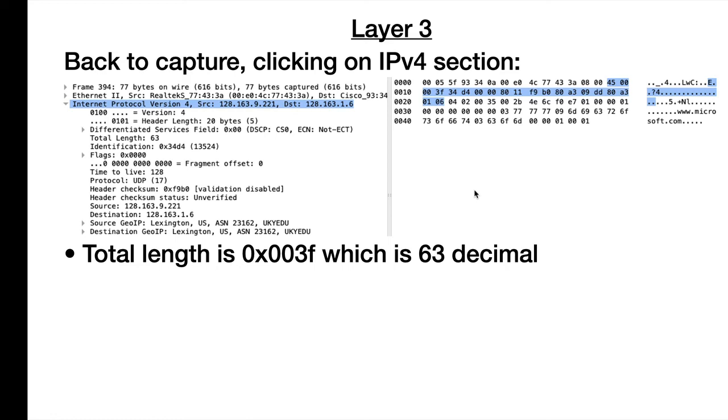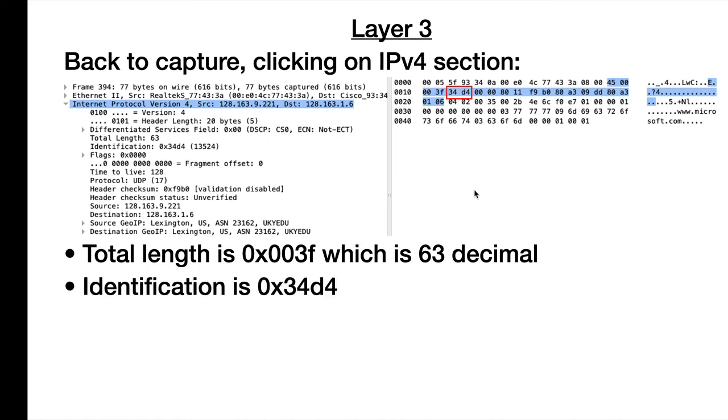The total length is 3F, which is 63 in decimal. Notice that we have the value decoded. You see total length: 63 in the left hand side of the window.